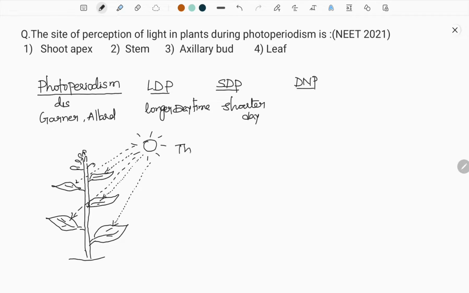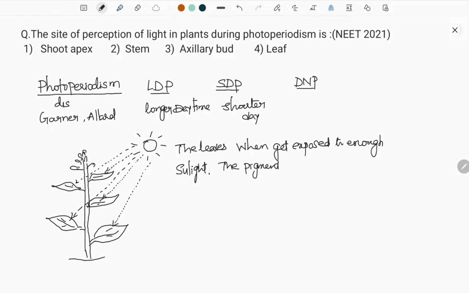When the leaves are exposed to enough sunlight, as I told you that some plants require more sunlight and some require less, the pigment called phytochrome, a very special pigment, will synthesize a hormone.